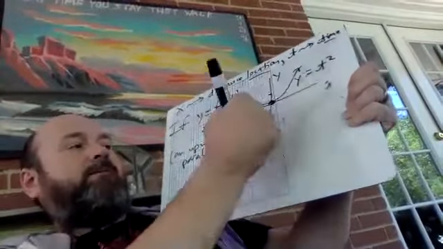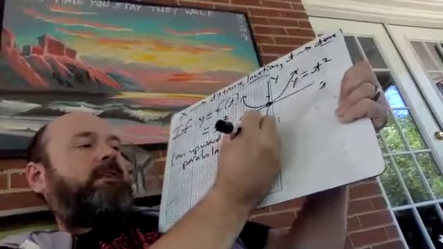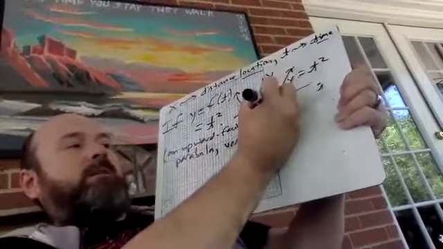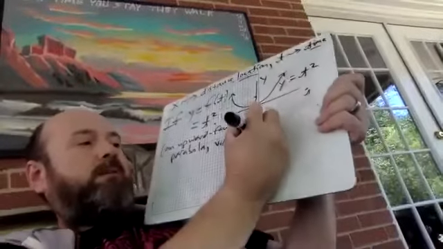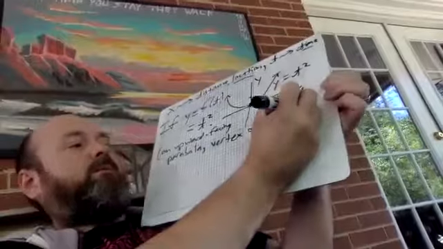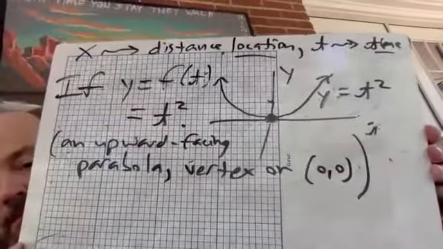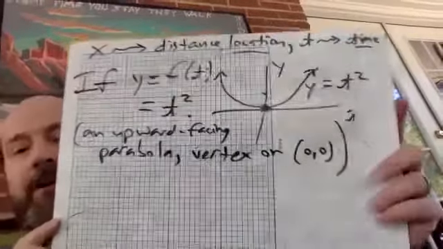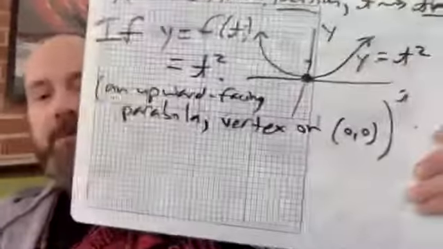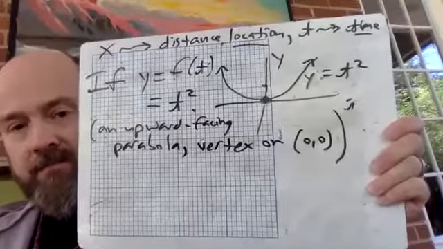Its vertex, that's what you call the bottommost or topmost point, is centered on the origin, the point 0, 0 in the ty plane. I'm changing variables to mix them up because you see these in your problems already, so I don't want to stick to x all the time. So this is a function.